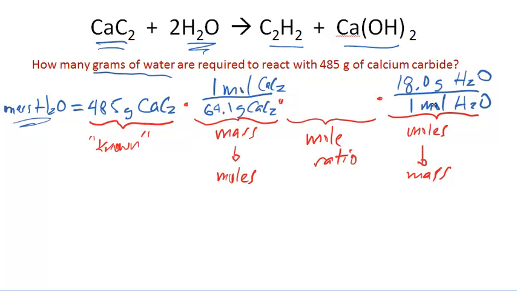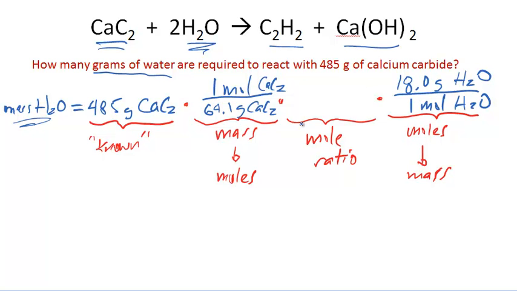All right, so I just want to point out a little pattern here. When we're doing mass to mass conversions, the first conversion factor and the third conversion factor have 1 mole in them. So it's 1 mole of whatever it is you're converting to moles here, 1 mole of whatever it is you're converting to mass over here.